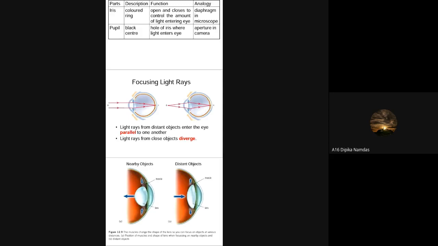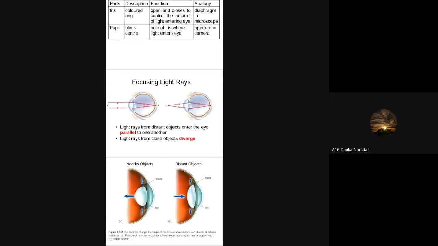When we observe light rays, there are two things. Either we observe the object from a near field, or we observe the object from a distance. Depending on this, if we observe the object from a far place, the light rays that enter our human eye are in parallel position.